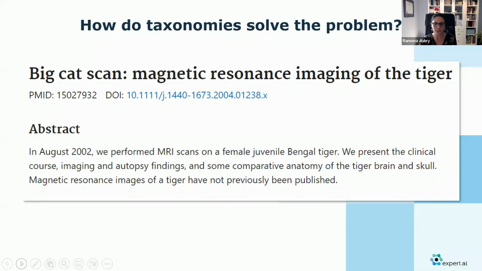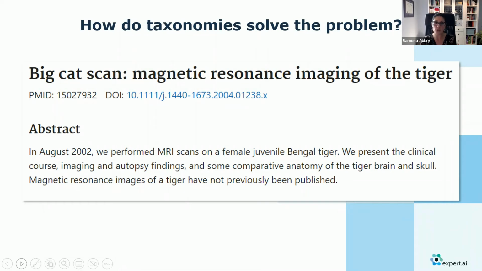Now, let me give you some real life examples of how taxonomies solve this problem. What you will see in a moment from this big CAT scan example is something that maybe catches your eye immediately, that we have some ambiguity in this sentence. This is about the big CAT scan, magnetic resonance imaging of the tiger.